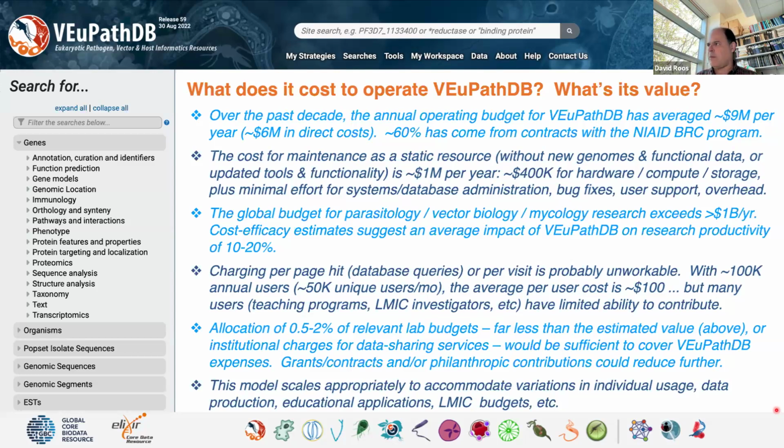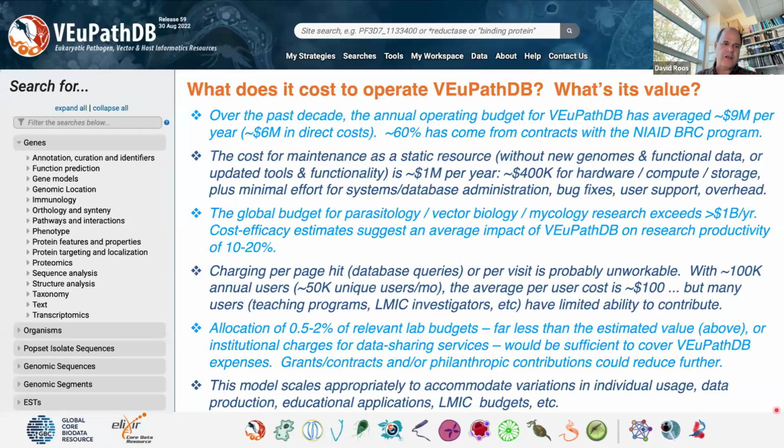Users of VectorBase will remember, I know Carolina had asked a question earlier, that when VEuPathDB, which supported fungi and parasites, merged with VectorBase 5 years ago, we rebuilt all of our infrastructure over the course of a year with no new database releases for any of these databases.